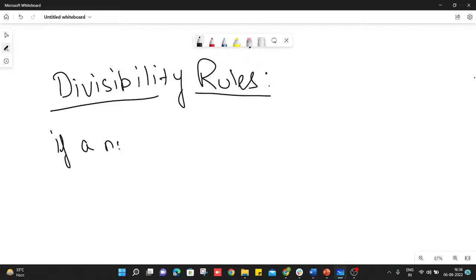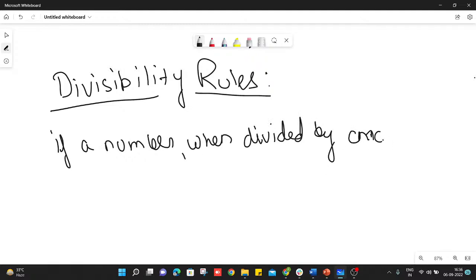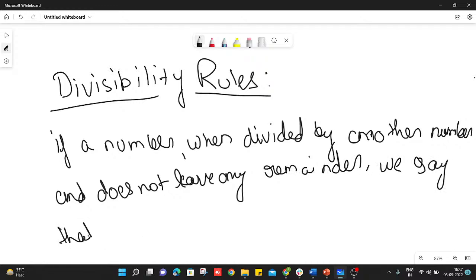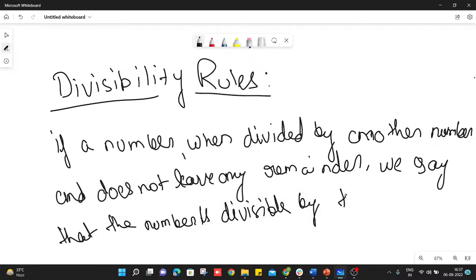If a number, when divided by another number, does not leave any remainder, we say that the number is divisible by that number.